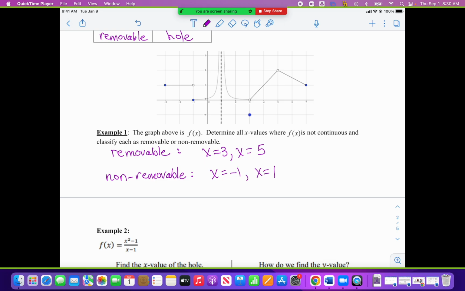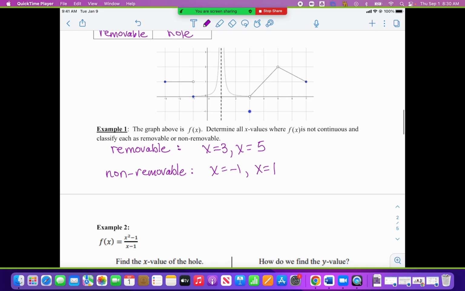Good job. Okay, so at X equals -1, we have a jump. And at X equals 1, we have a vertical asymptote. All right, questions on that? Not too bad. So the big idea is removable are wholes. Jumps and vertical asymptotes are non-removable.